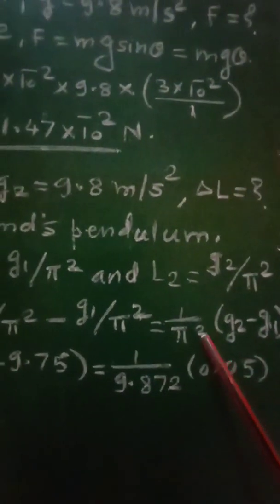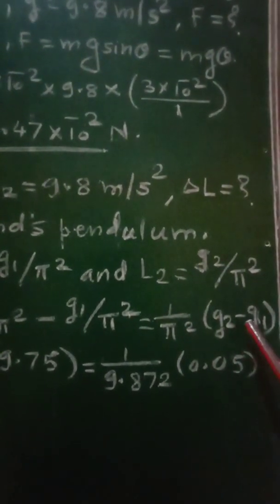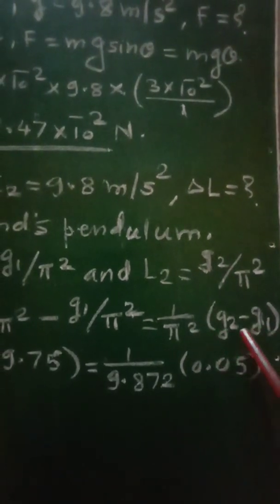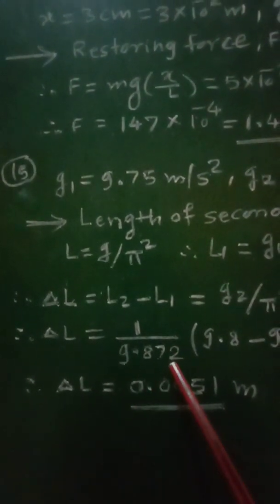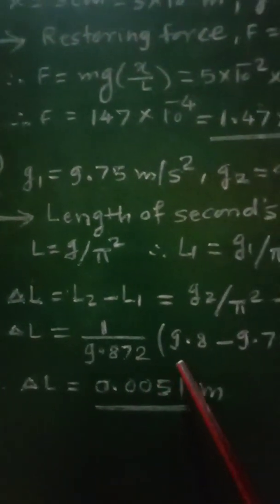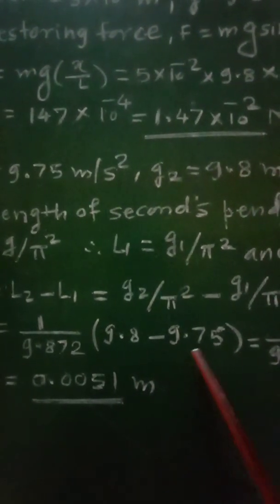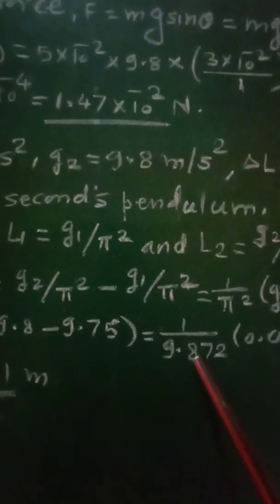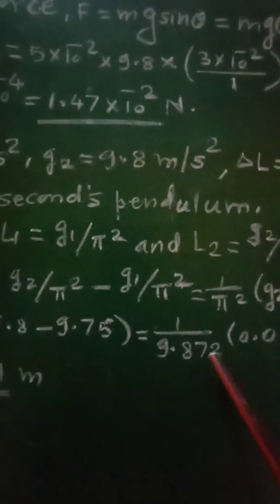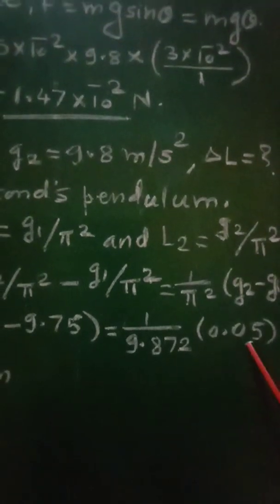Taking common 1 upon pi square, we will get delta L is equal to 1 upon pi square into G2 minus G1. And now putting the values, we will get delta L is equal to 1 upon 9.872, that is the value of pi square here, into 9.8 minus 9.75, which will be equal to 1 upon 9.872 into 0.05.